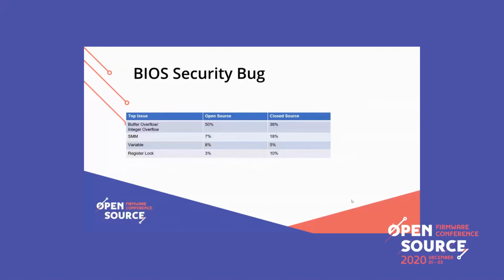These numbers are similar to what you'd find in what Microsoft MSRC has published, where they see about 70% of their issues are buffer overflows. But for each case, those classes of software issues and firmware issues are the same.